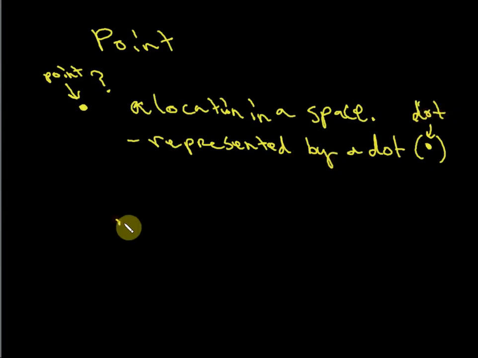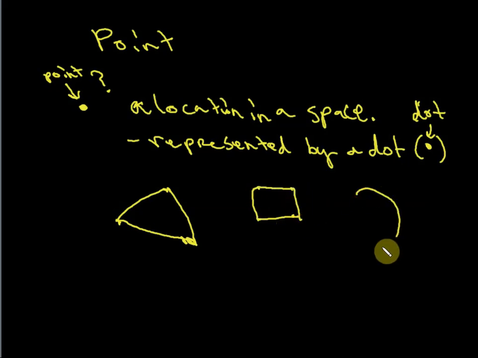So you can have a lot of dots, and what you'll start noticing as we go through is that when you connect all these dots, you start getting different shapes. I'm sure you're familiar with your triangles, squares, and circles. Circles are a bunch of dots.